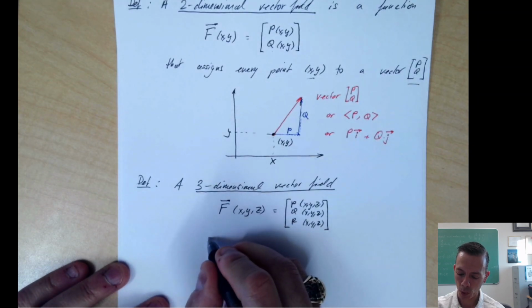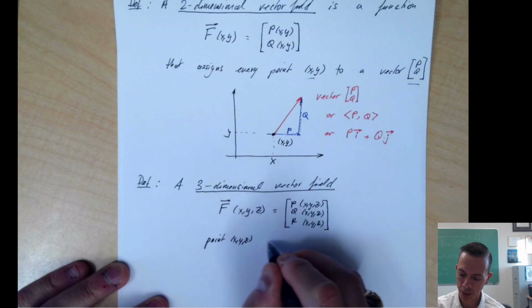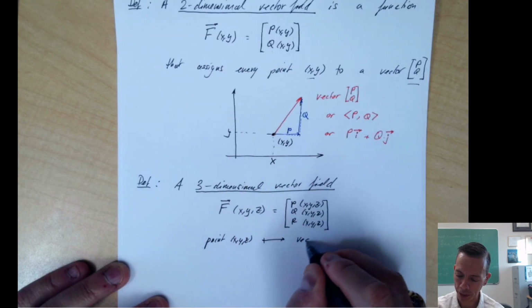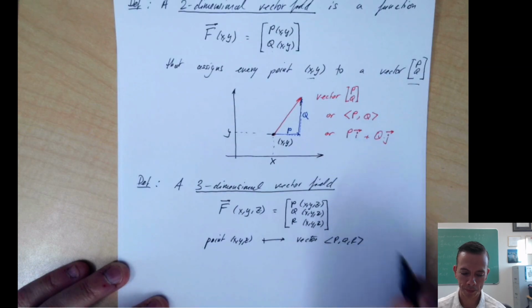So you take a point x, y, z, and you map it to a vector p, q, r.